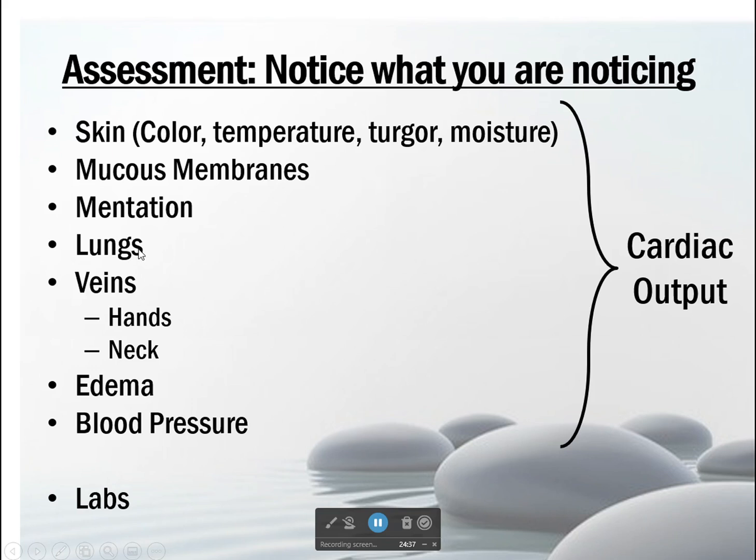What do their lungs sound like? Lungs are clear? That's normal, yes, but that's a finding. Remember, normals are also findings as a part of your assessment. So can you see hand veins or neck veins? That's a finding. Are they bulging and distended? Do they look normal? Can you not see them? But clear lungs, normal hand veins, those are all findings.